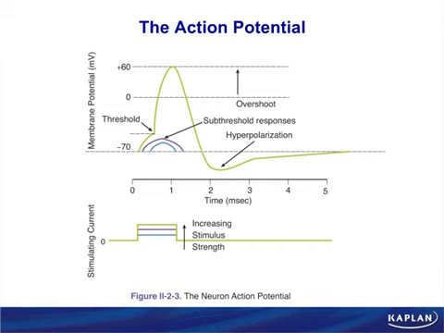Notice how the summation of the subthreshold stimuli could turn into a full threshold stimulus. So if I summate subthreshold stimuli, I can actually drive it to threshold. Notice that the green stimulus is a higher stimulus, and that's what takes it to threshold. So the green line is an example of a threshold stimulus.